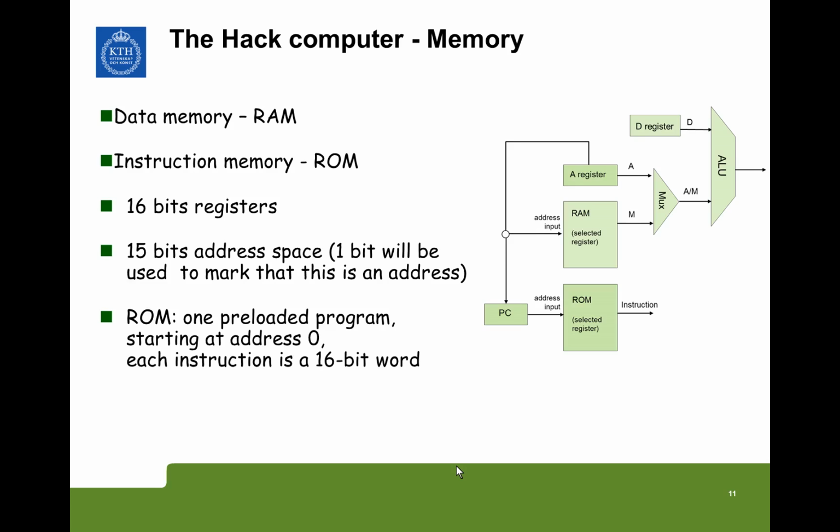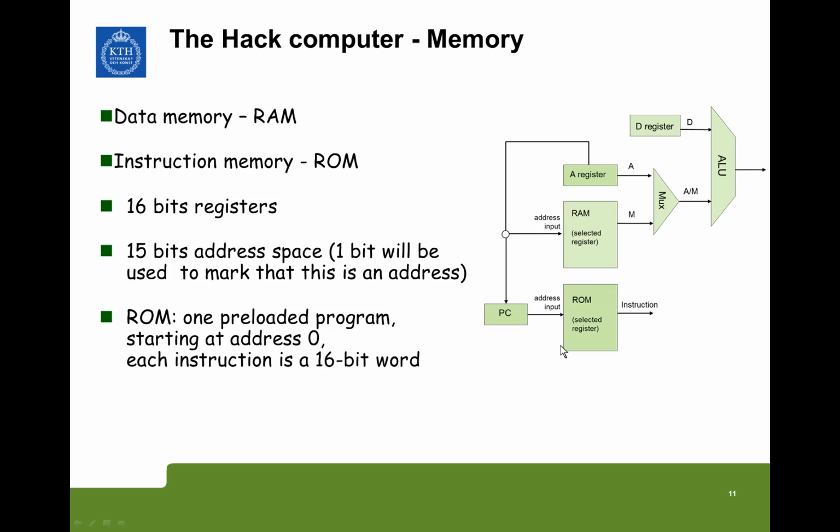So, looking at these units one by one, the memory will contain the data memory, the random access memory, and the instruction memory. Both of them are blocks of 16-bit registers, and both of them will be addressed by 15 bits. We will need 1 bit to note that actually this is an address.